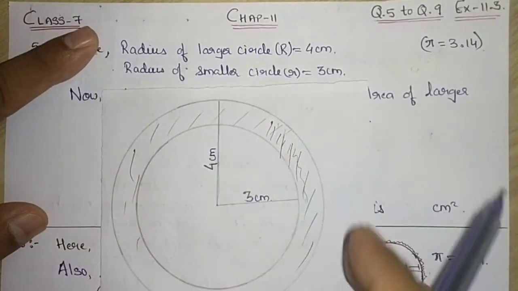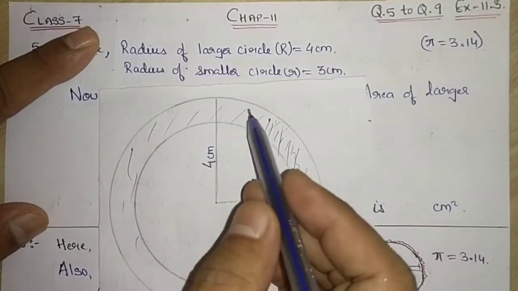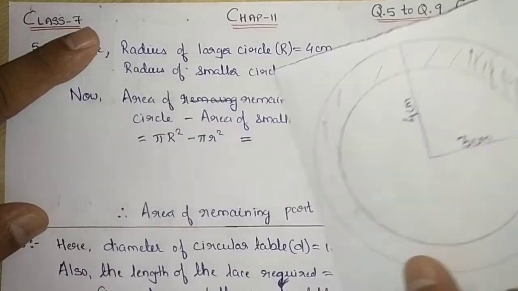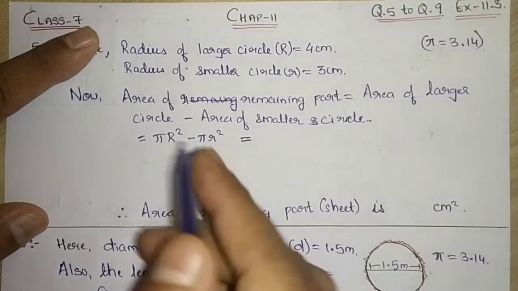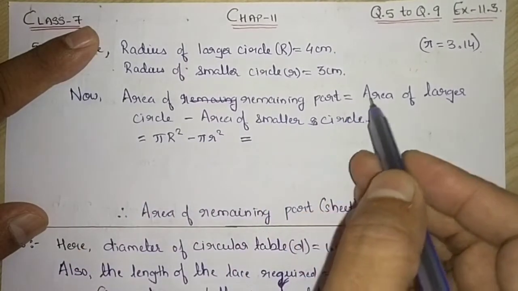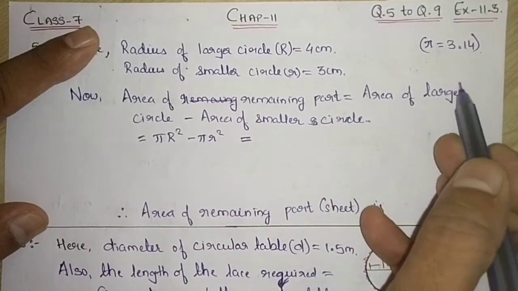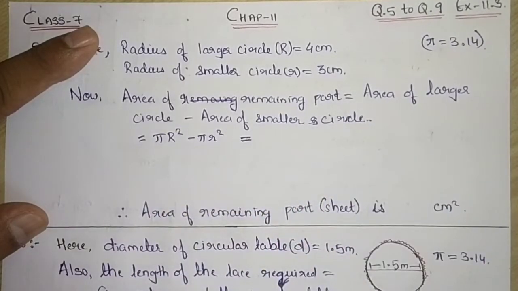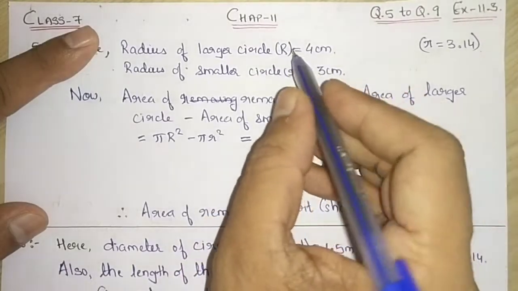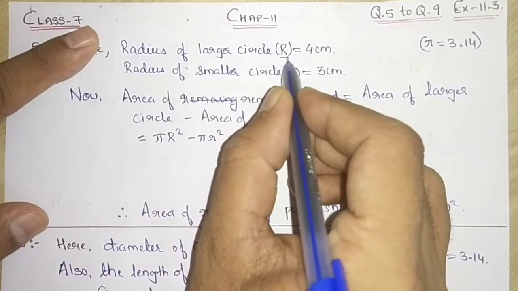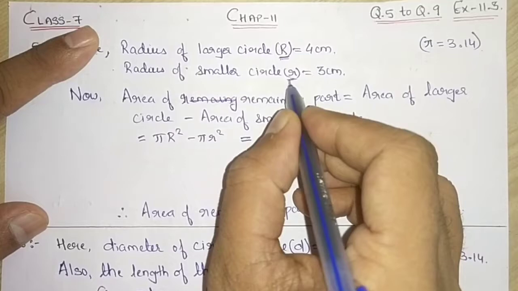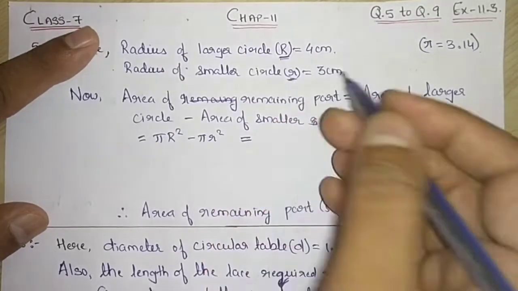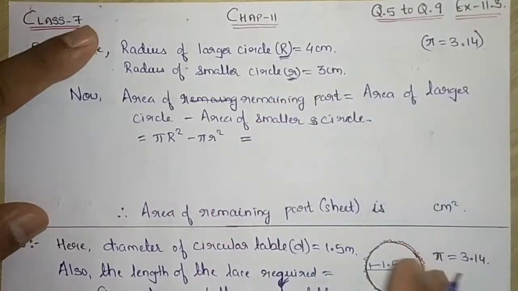Now we will write the area of the remaining portion: area of remaining part is equal to area of larger circle minus area of smaller circle. Let us consider the larger circle has the bigger radius, capital R, and the smaller circle has the small radius r. We have denoted them with different r's.